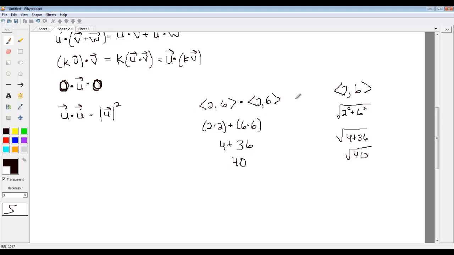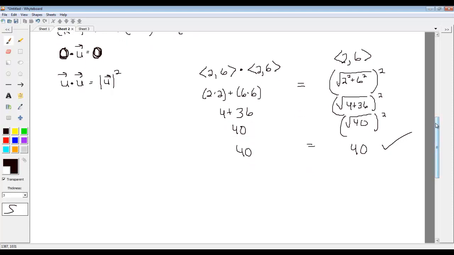But it's going to equal the magnitude squared side. So if we take this magnitude and square it, we also get 40. So 40 equals 40. Woohoo! It checks out, especially when you don't make stupid mistakes like I did. So if you caught my mistake before I did, give yourself a brownie point, pat on the back.